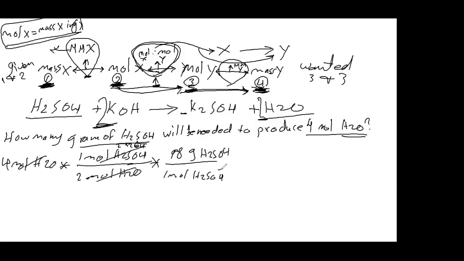Then multiply with this one. Do the math here. 2 times 98 will be 196 gram. Also, just double check the math. It is H2SO4, 196 gram.